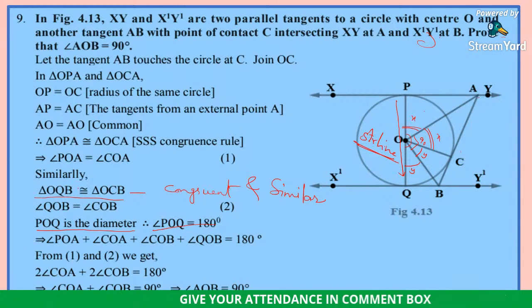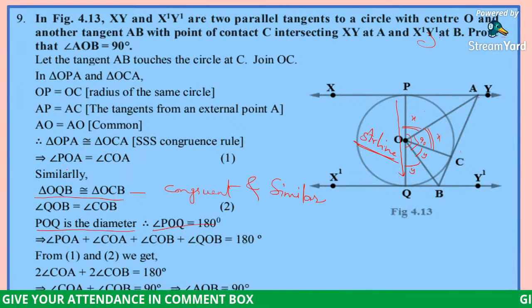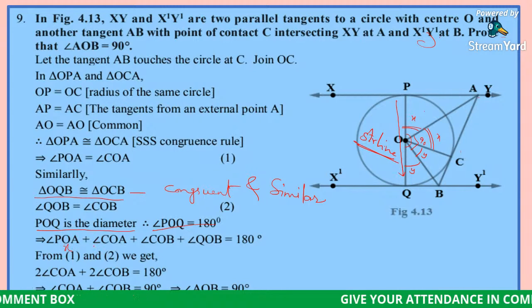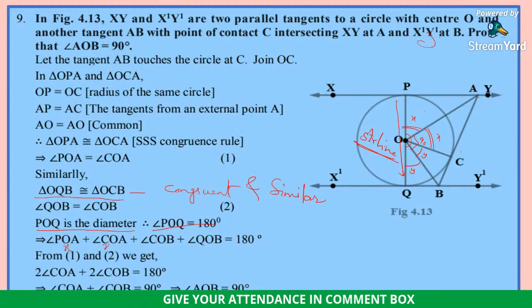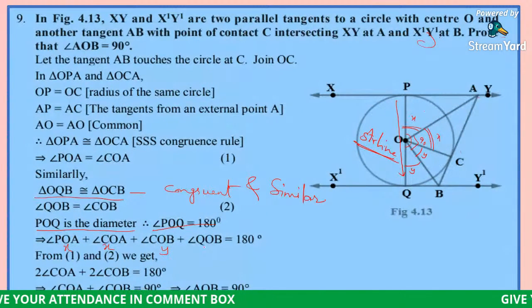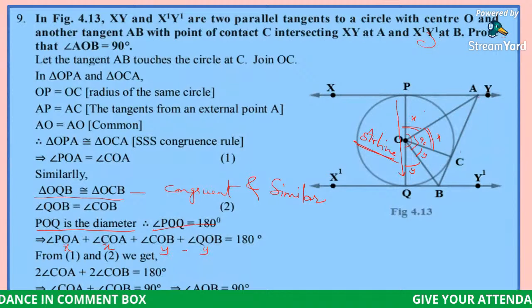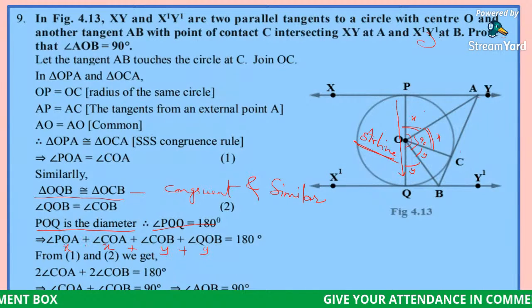To make it simpler, I will write here: angle POA I have taken as X, COA I have taken as X, COB is Y, QOB is Y. If you go with this, it will be easier for you.